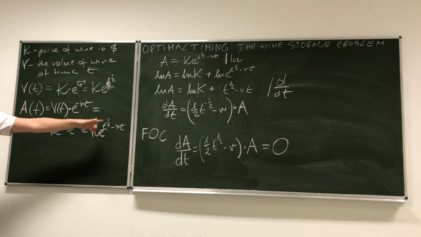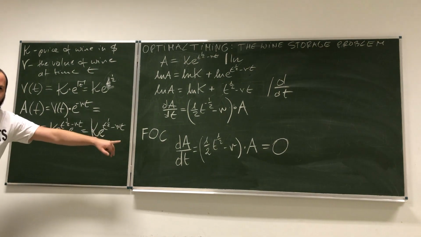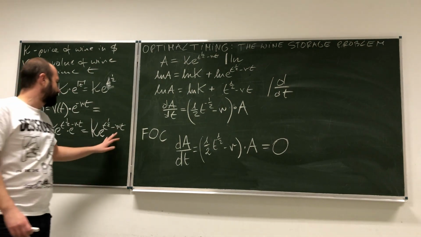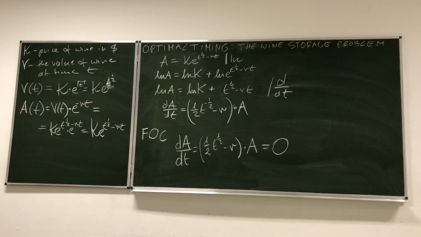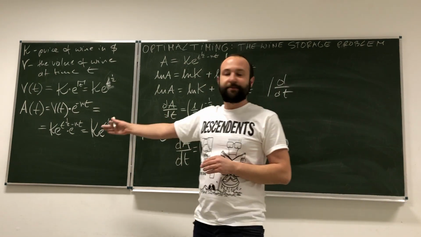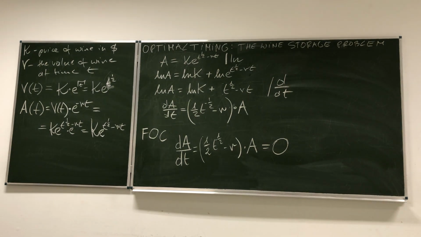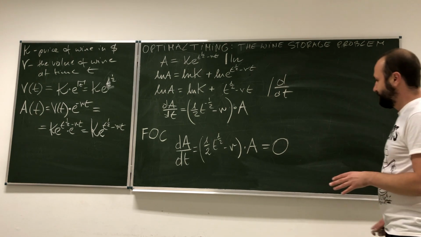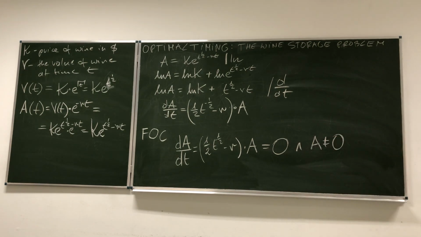But actually, it doesn't really matter which one wins. Not this one will win at some point, but this we're going to see on the graph a little bit later. But this expression can be equal to 0 only in limit with t approaching infinity. So, for our purposes, for any non-infinite amount of time, A must be different than 0.